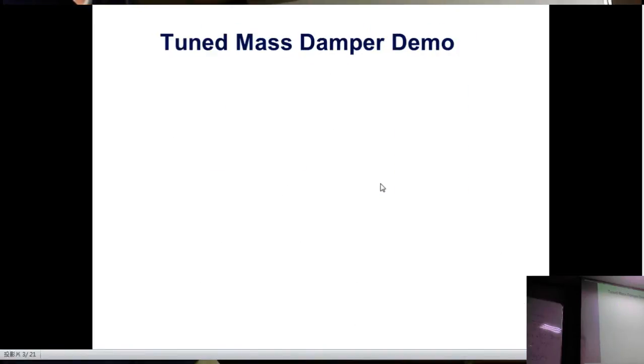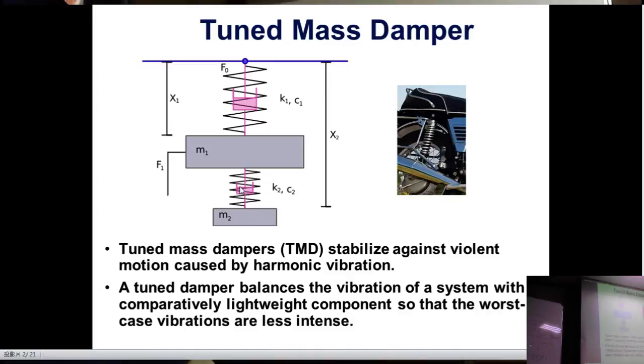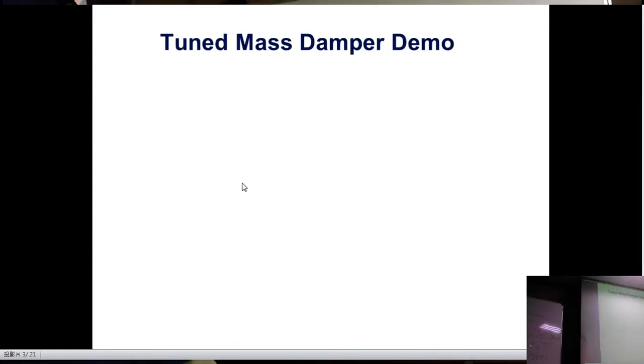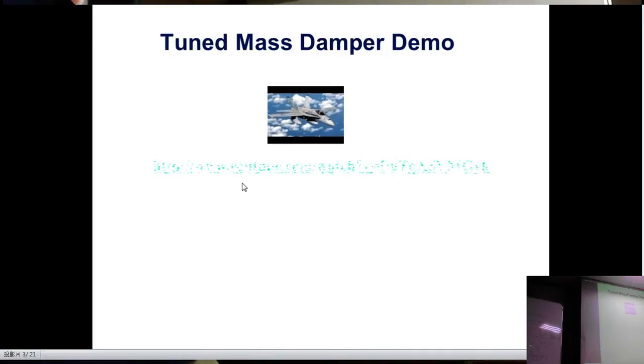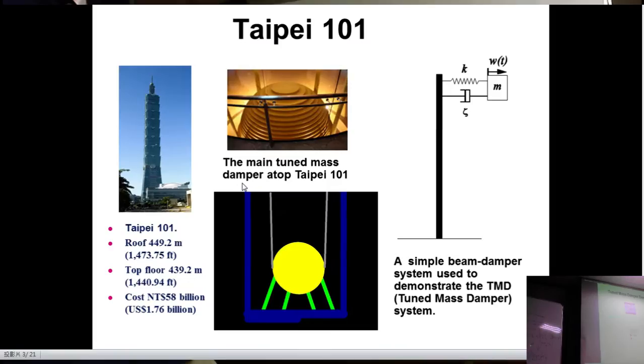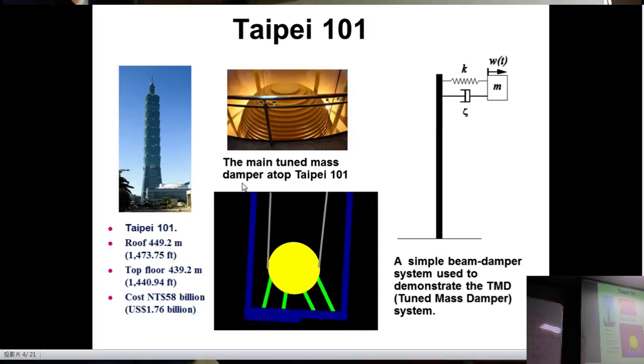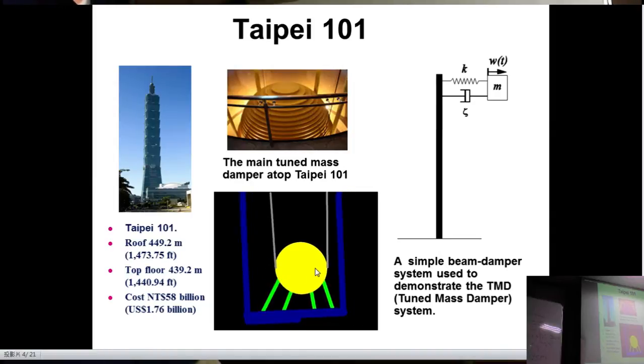And I think you already see these pictures here. That tuned mass damper. Well, I'm not going to show any more because I talked about this earlier. This is the really typical example of a tuned mass damper.